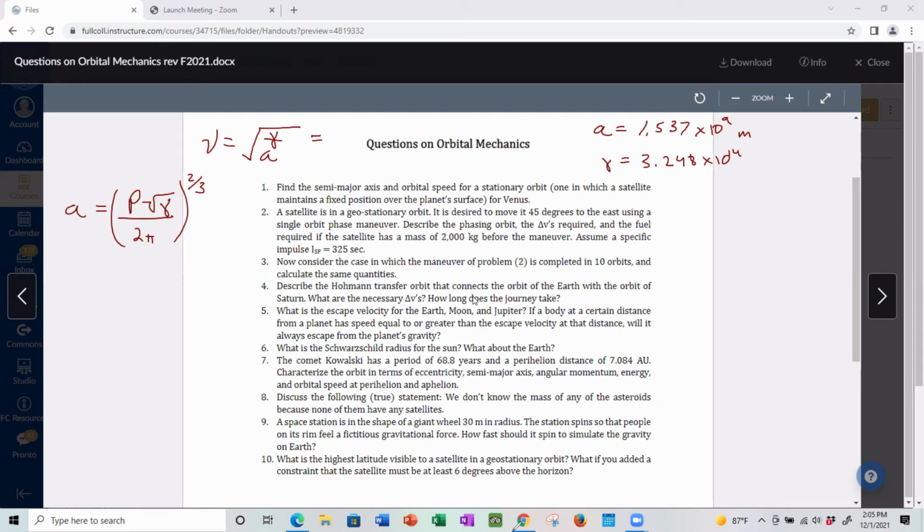I may have done a calculation error. Let me double check. So this is times 10 to the 14 for gamma.